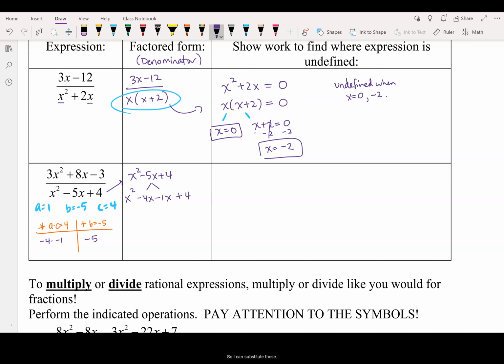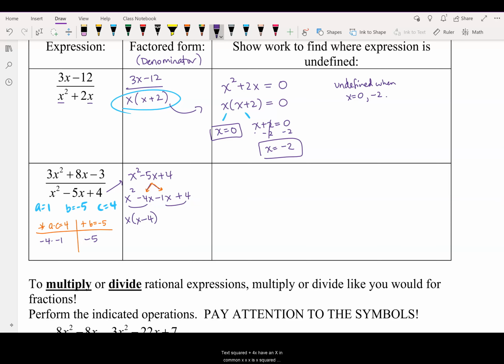We found our two numbers, negative 4 and negative 1, give us negative 5. So I can substitute those in for negative 5x. I get negative 4x minus 1x. It does not matter in which order you put negative 4 and negative 1. If you switch them around, you'll end up with the same two factors. And we had talked about that before. So let's factor by grouping. X squared and negative 4x have an x in common. X times x is x squared.